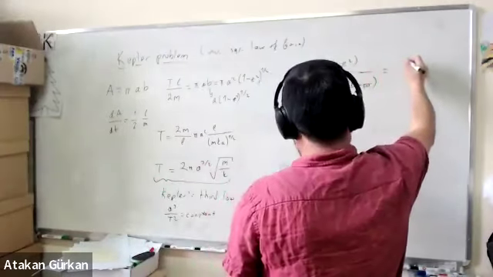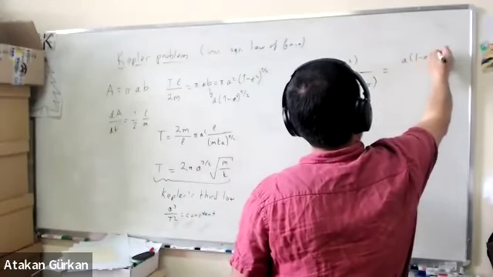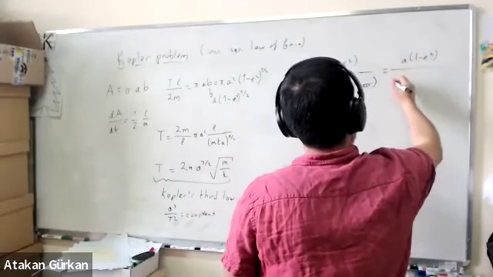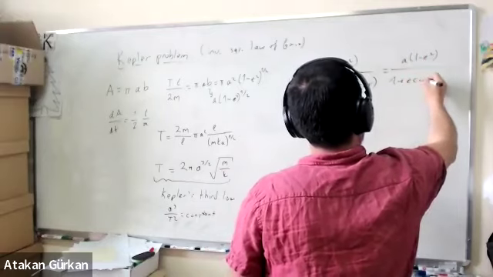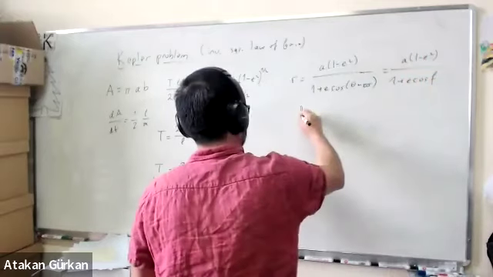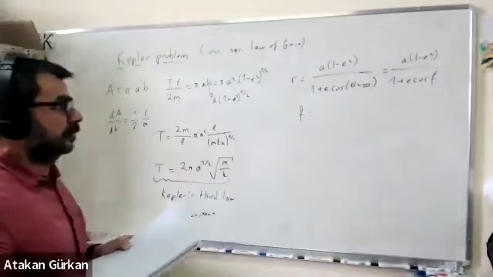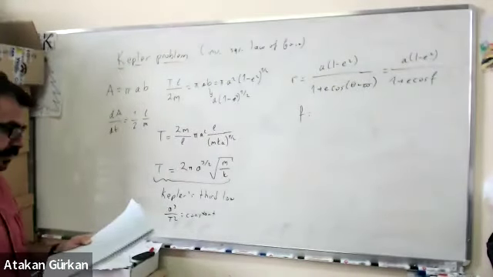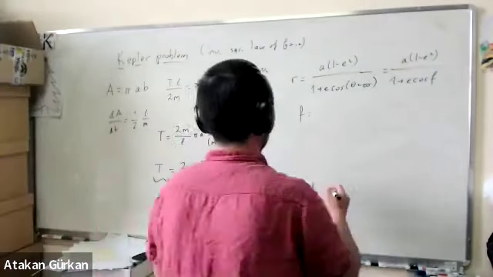And I'm going to write this as a times 1 minus e squared over 1 plus e cosine f. This f is going to be the first of a number of anomalies that we are going to define. This is the true anomaly.